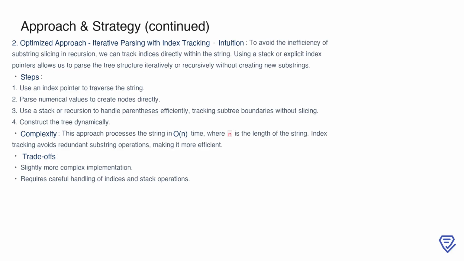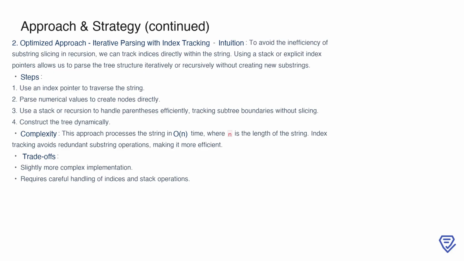By using a stack or managing indices explicitly, we can efficiently determine the boundaries of subtrees without redundant operations. The steps are as follows: traverse the string with an index pointer, parse numeric values to create nodes, and use a stack or recursion to track subtree boundaries based on parentheses. This approach processes the string in linear time, O(n), as it avoids unnecessary substring operations.